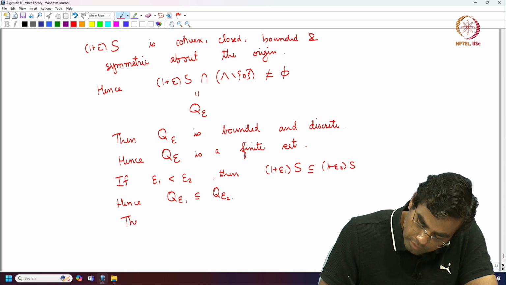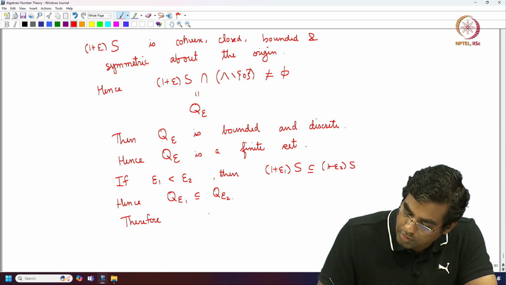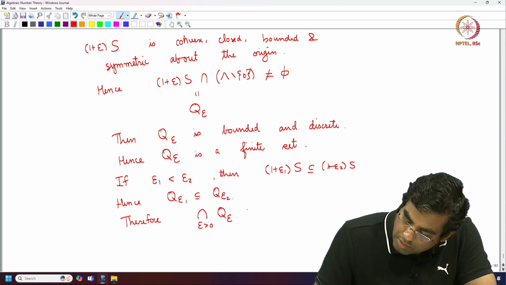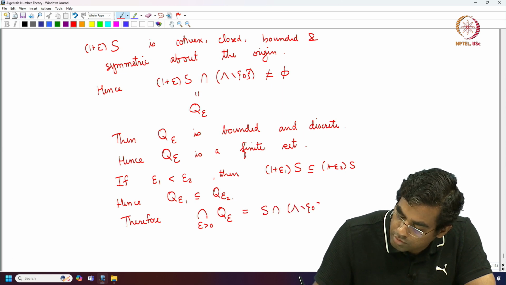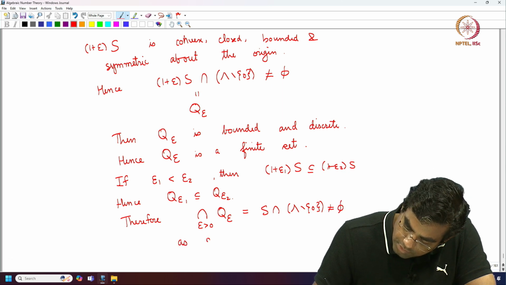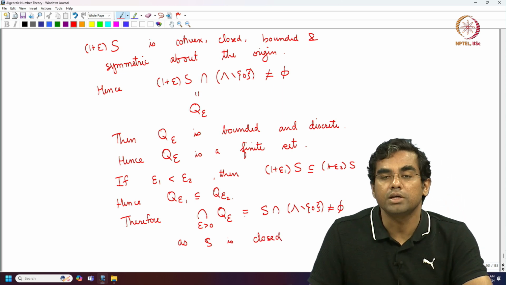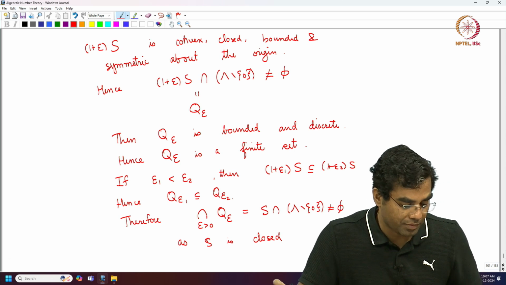Therefore, the intersection over epsilon greater than 0 of q epsilon is equal to S intersected with lambda minus 0, and it is non-empty as S is closed. Okay. So, the first equality here uses the fact that S is closed. So, this proves the lemma.